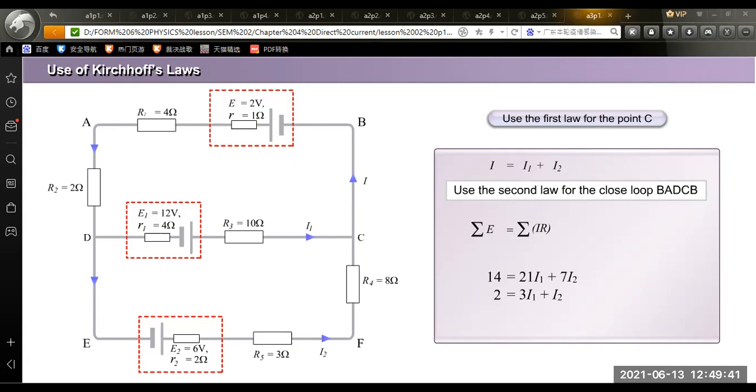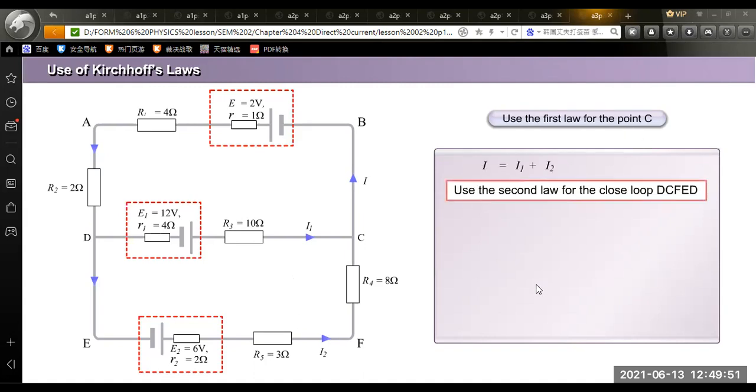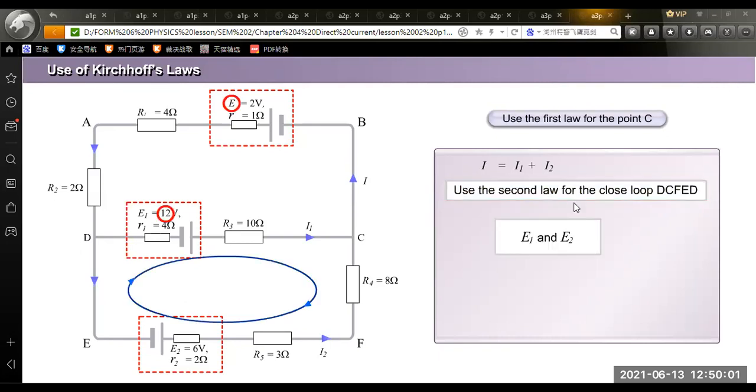So what happens if we continue with the second loop? Now at point C, same thing, but now for the second loop we use DCFED. Now we notice that the loop is like that.